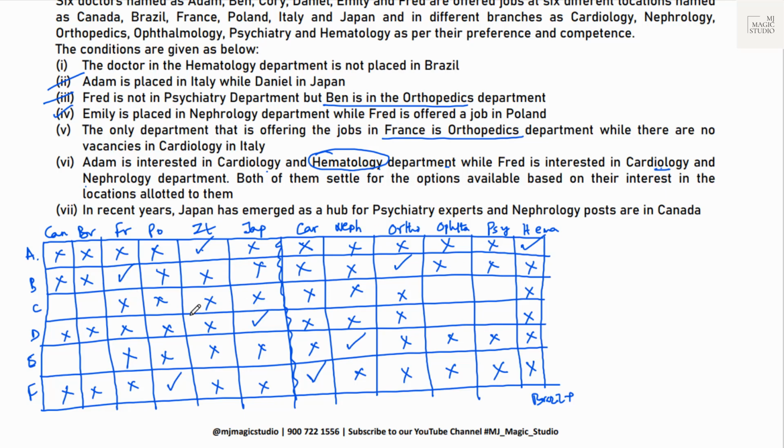So psychiatry is left, Japan is D, D is going to psychiatry, and hence C is going for ophtha. Nephrology posts are in Canada. E is going to Canada, and C is going to Brazil with ophtha. Done, finished. Please check and tell me in the comment box.